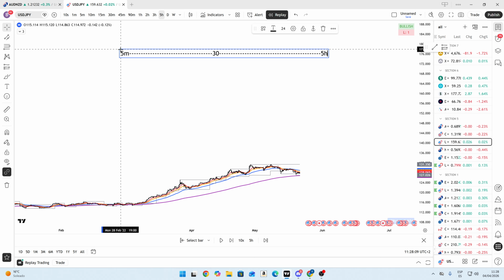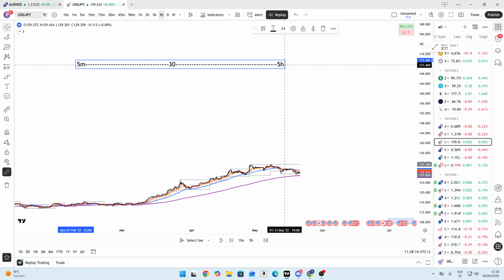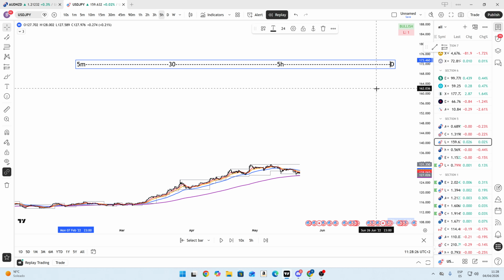These are the main time frames. We're going to use another time frame, which is going to be the daily. And let me tell you, this is for me the way to make the absolute best out of your strategy, because you're just bullish on everything.